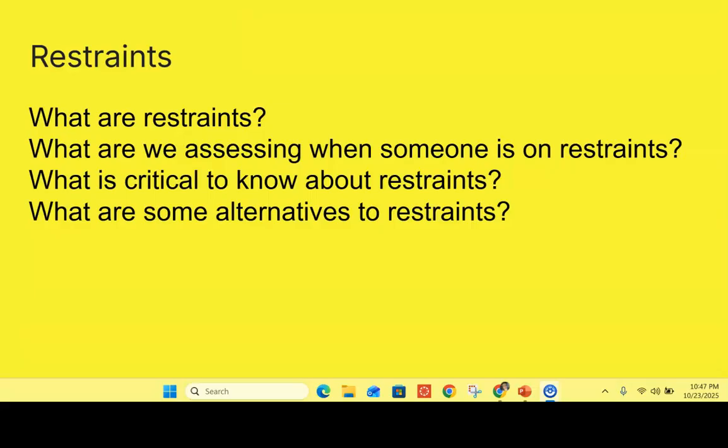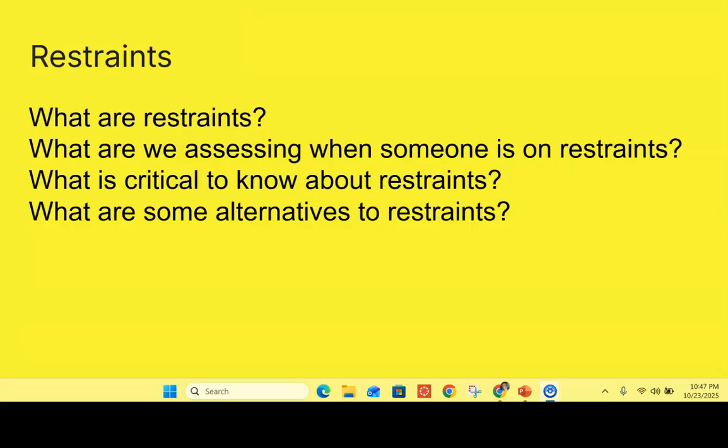There are different types of restraints. So physical restraints. Those are physical or mechanical devices, materials, or equipment that immobilize or reduce movements. And then there are chemical restraints. Medications such as anxiolytics or sedatives given to sedate or decrease the consciousness of a patient so that they're not acting out or being violent, or whatever the reason is that they needed that chemical restraint.